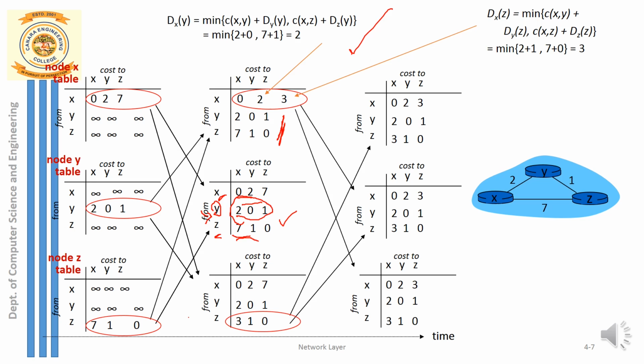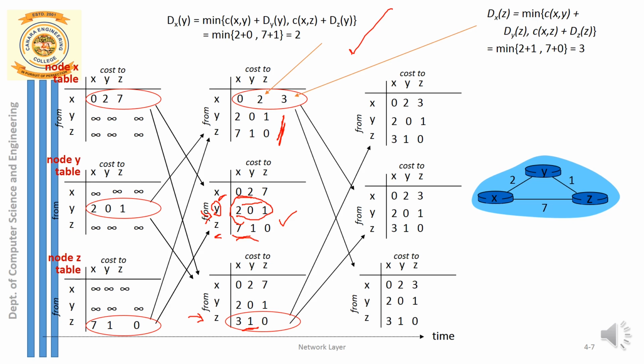Similarly the last node, the source node z, I'm taking the information shared by node x and node y. Why? Because for z we have two neighbors, x and y. With the help of these two pieces of information from the previous iteration, we calculate the shortest path using the Bellman-Ford equation, and again we compare with the previously calculated values.